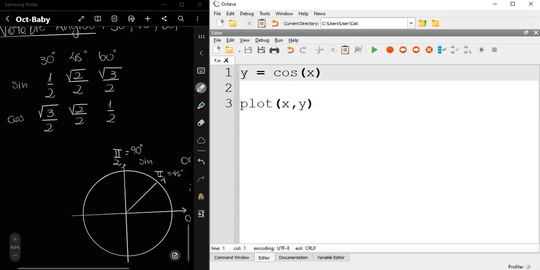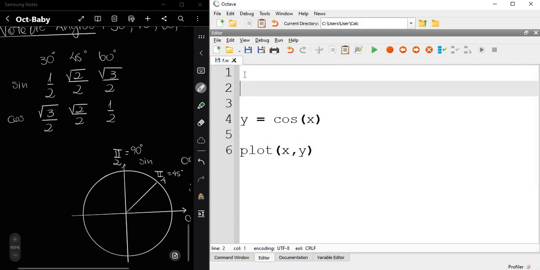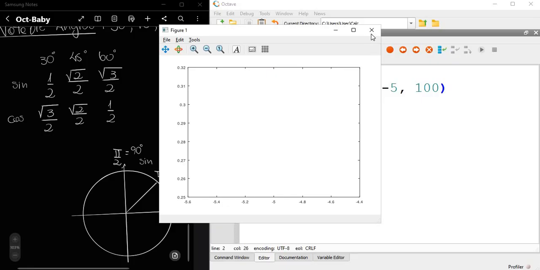Now let's build a vector or use the function linspace. So x equals linspace and pass the limits and the number of points. This will create an array of x. Nothing.